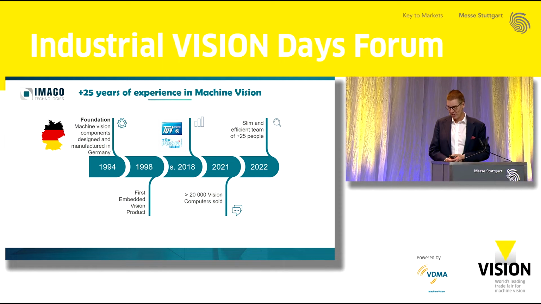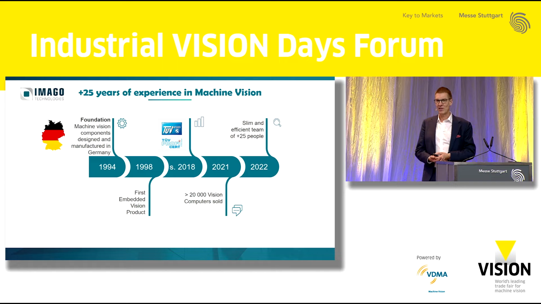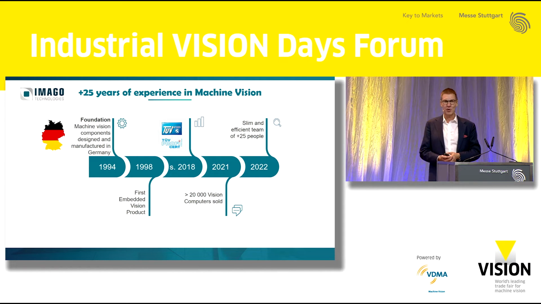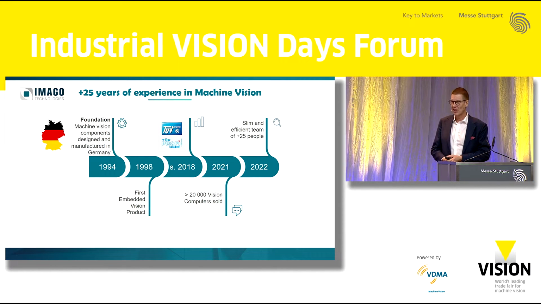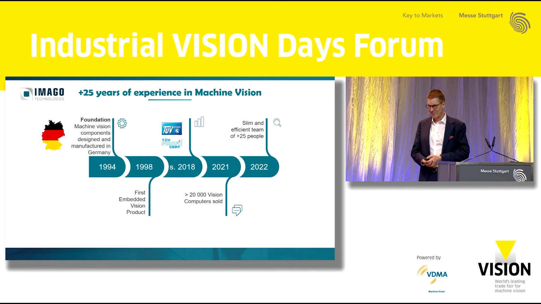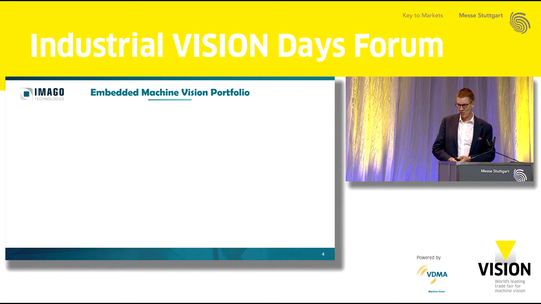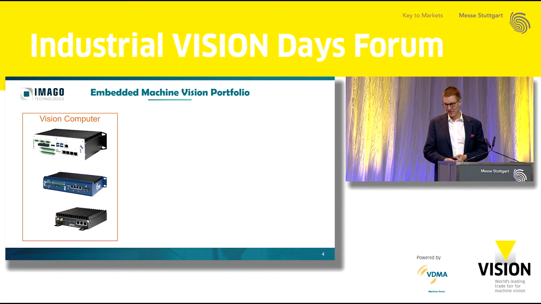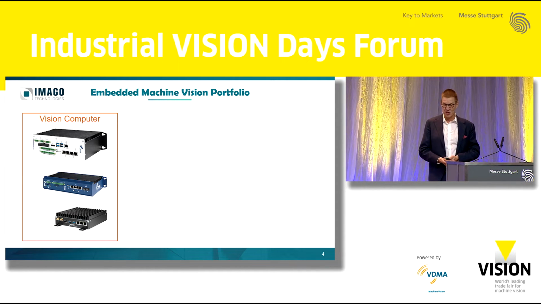Today we are a team of 25 people. So even though we produce serious products, we are flexible and innovative, still a compact team. Regarding our portfolio, very popular is our vision computer called Vision Box.